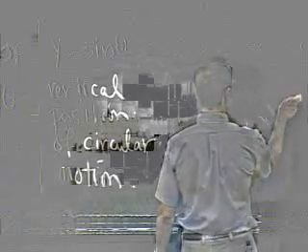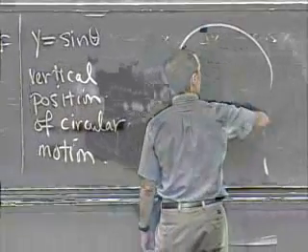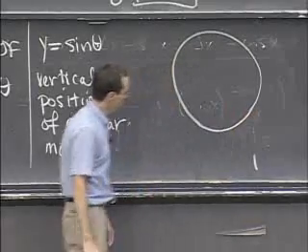So I'm imagining that something is going around in a circle. All right, some particle is going around in a circle.